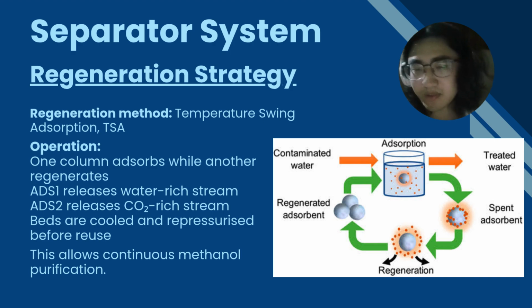This slide explains the regeneration process. We selected temperature swing adsorption, or TSA, to regenerate both adsorption columns. While one column is adsorbing impurities, the other is regenerated using hot gas to remove the adsorbed water or carbon dioxide.